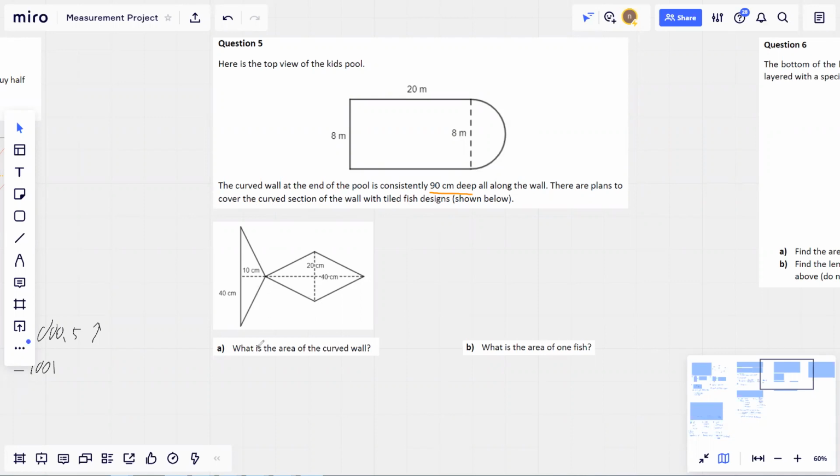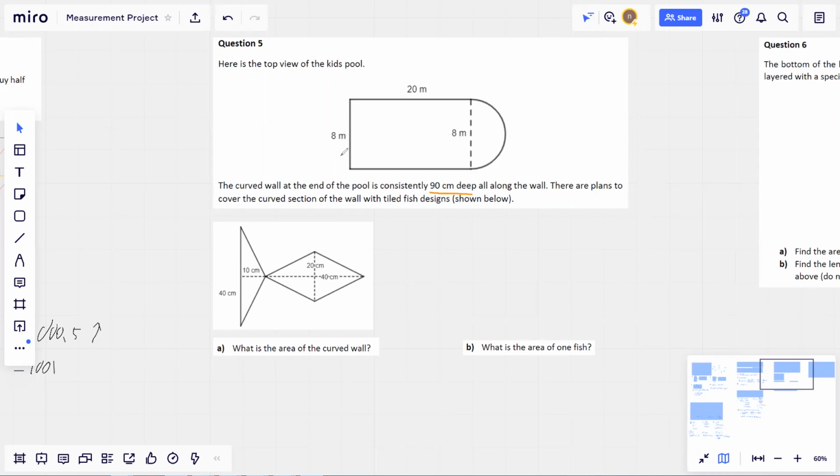So the first one: what is the area of the curved wall? For the area of the curved wall, we need to imagine this in 3 dimensions.